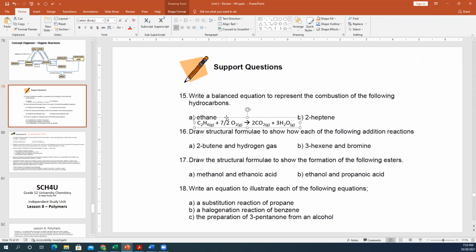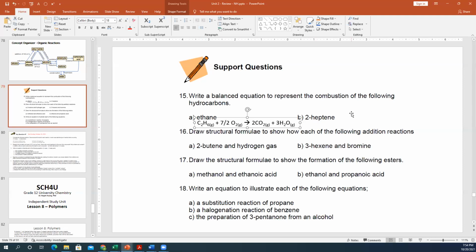Okay. And you should be able to do the same for the 2-heptene. So again, you start by figuring out what your formula is. And maybe you can't right away jump to the formula.